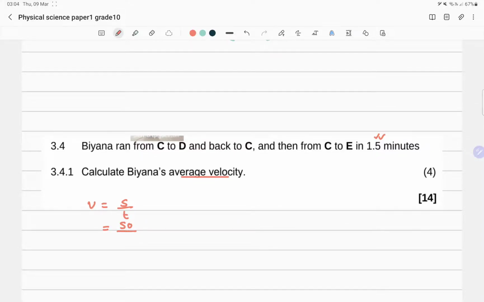over T. So now this one, there's 60 seconds in 1.5. Now how do we do that? We just multiply that by 60, right? So this is going to be 1.5 times 60.